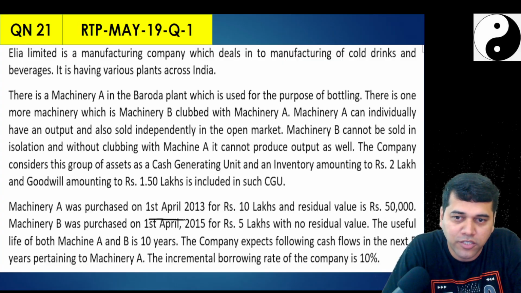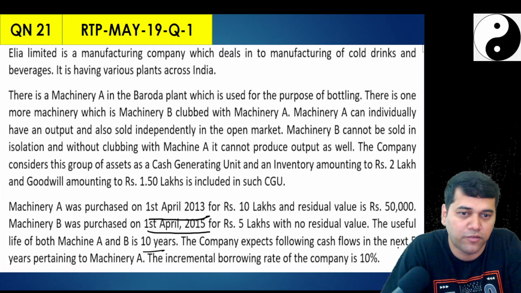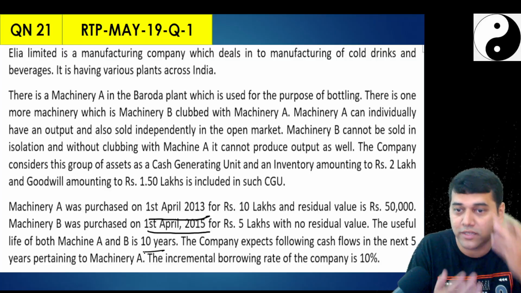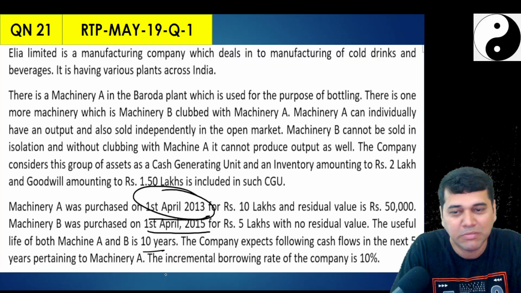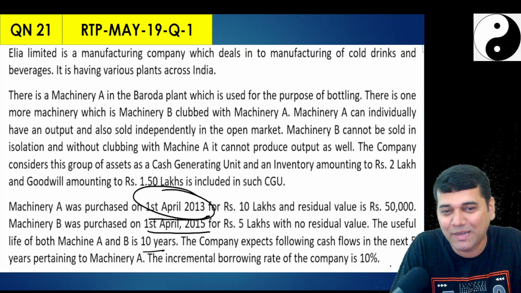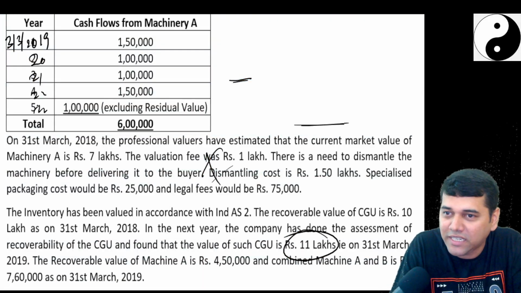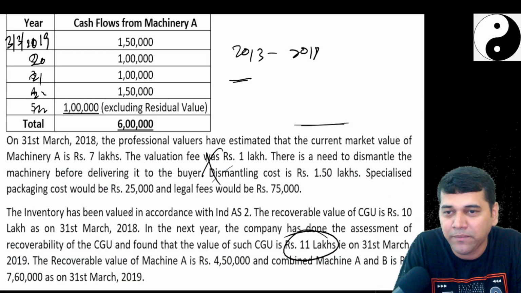So you have purchased on 2013 and the other asset is purchased on 2015. The useful life of both is 10 years. The company expects the following cash flows in the next 5 years pertaining to machine A. Obviously I would have started thinking that from 2013 onwards its life is 5 years. The incremental borrowing rate is 10%, and 2013 to 2018 they have given me.